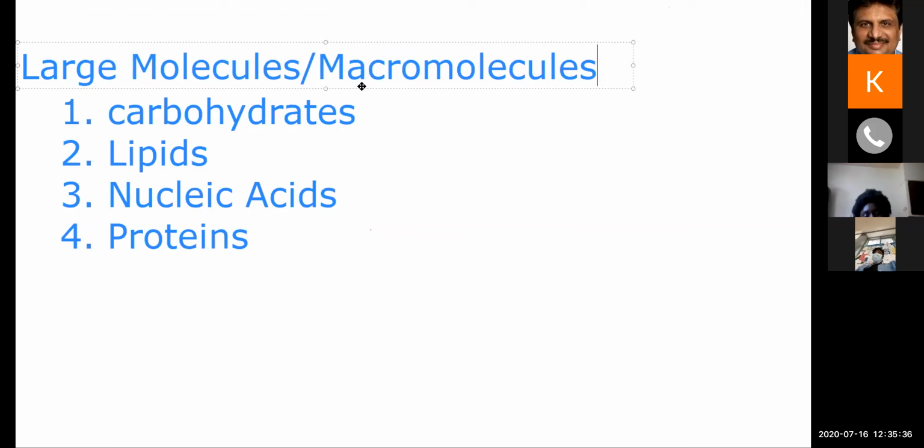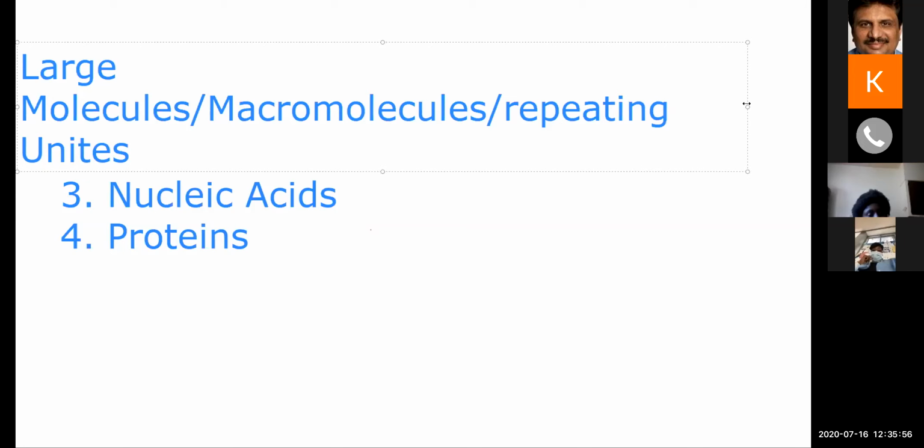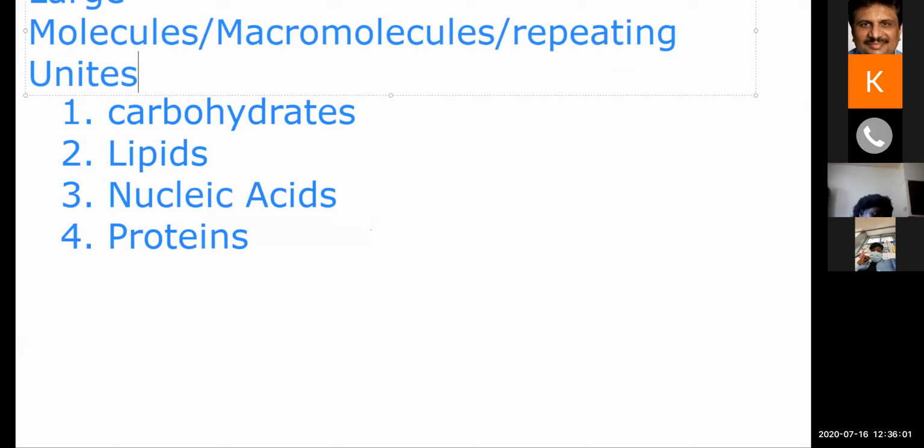Now, the beauty of this system is that these macromolecules are made up of repeating units, just like bricks in a simple building. So 4 biomolecules: carbohydrates, lipids, nucleic acids, and proteins.